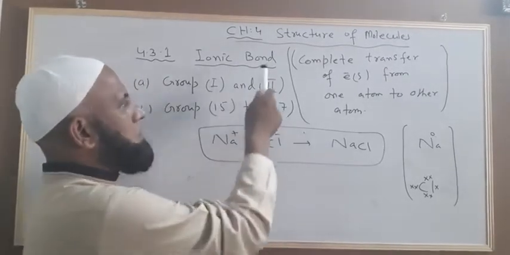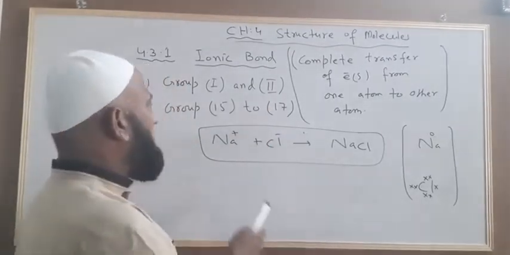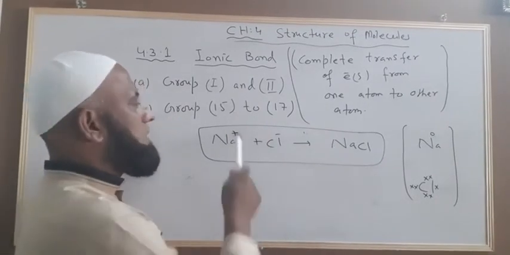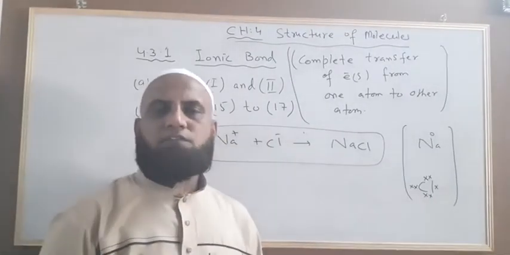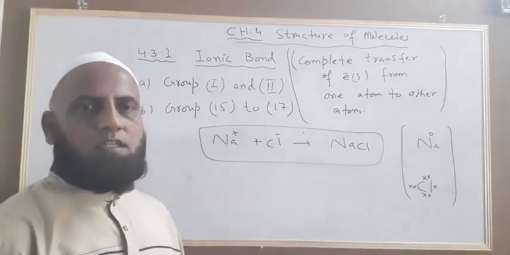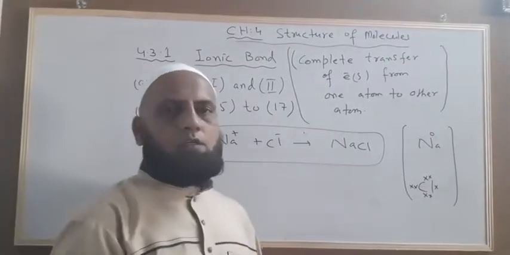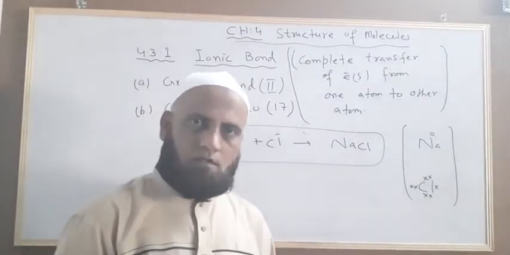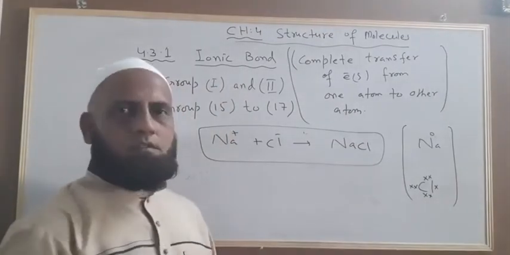That's why they lose their electrons easily. And from group 15 to 17, there are respectively 5, 6 and 7 electrons. That's why these elements undergo the formation of ionic bonds or ionic compounds.